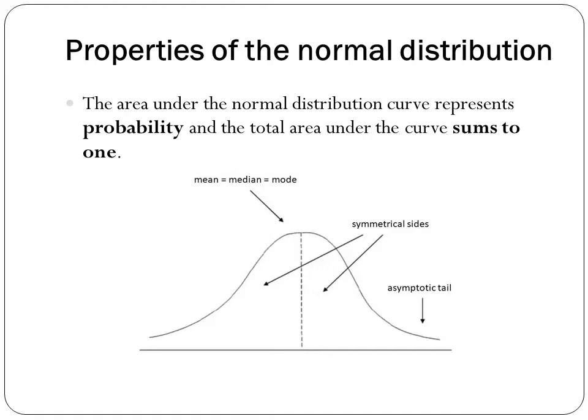And we have to take note that the total area under the curve sums to 1. Just like in probability, when you are computing for the probability, the highest value is 1, which represents 100%. Or that means that there is 100% chance that that particular thing will really happen. So that is just similar to this kind of percentage.